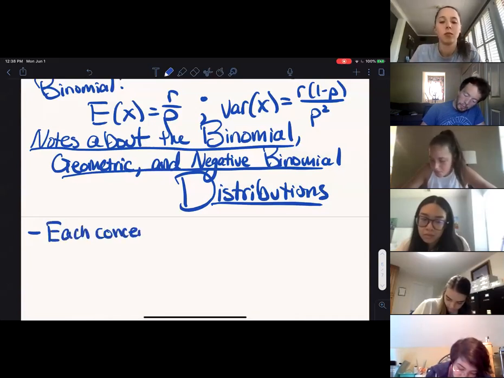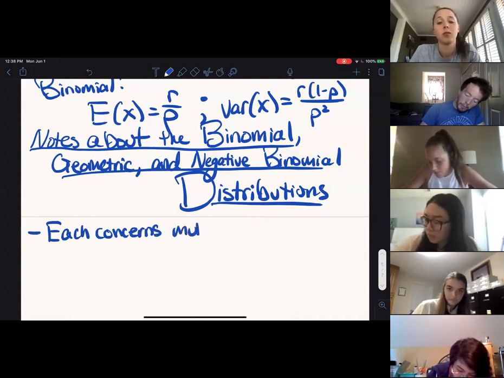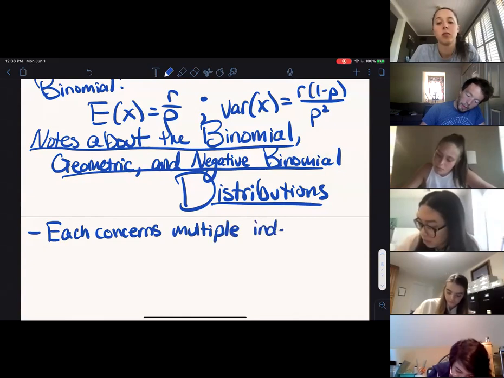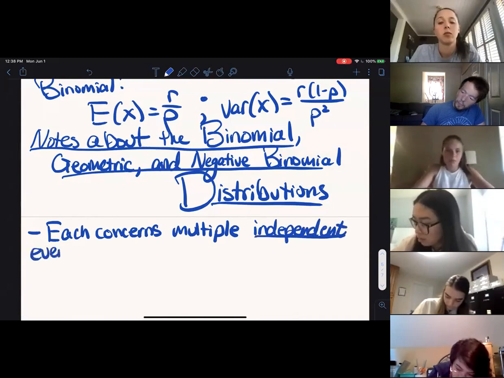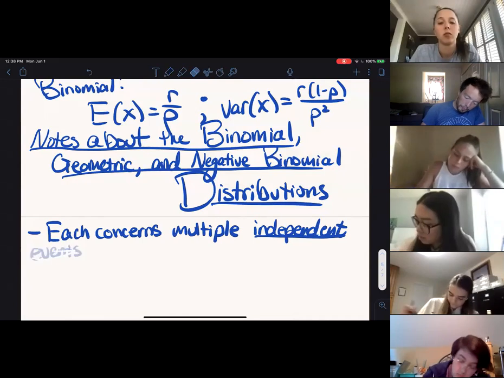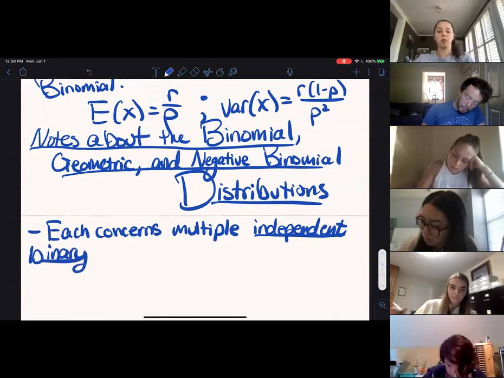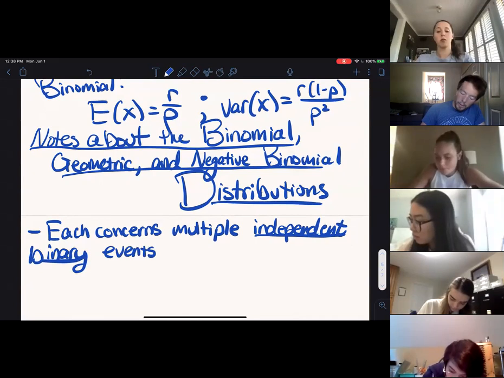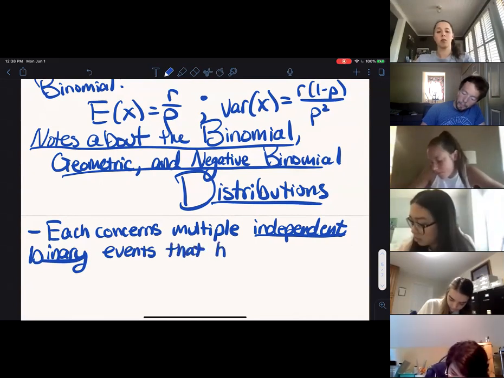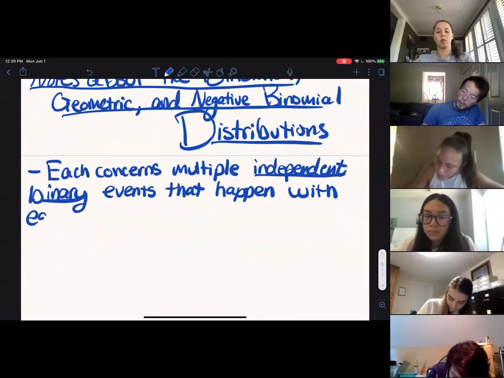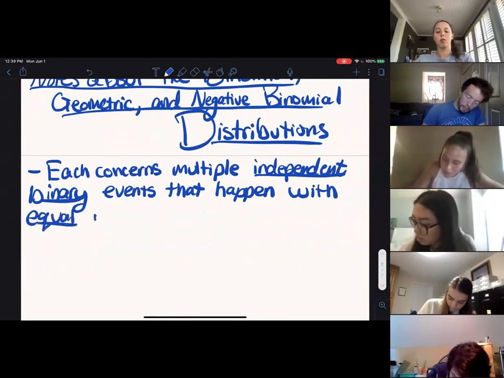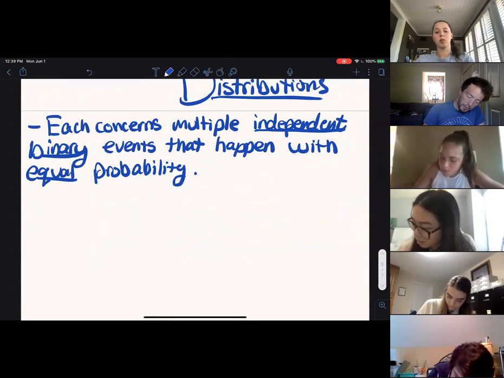Each concerns multiple independent binary events that happen with equal probability. And I'm going to go into what I mean by each of these right now.